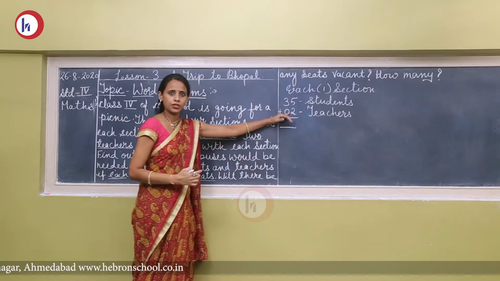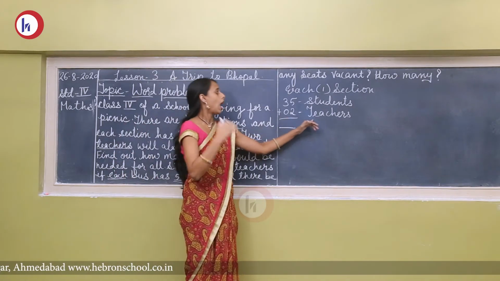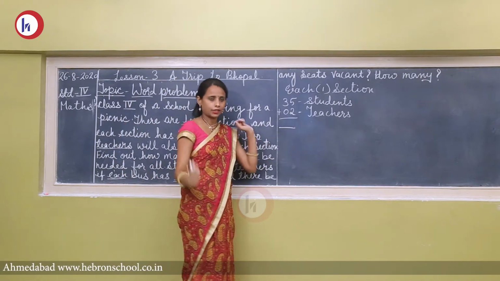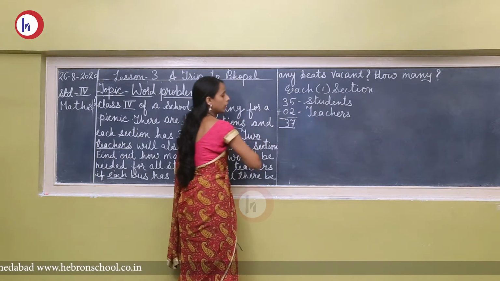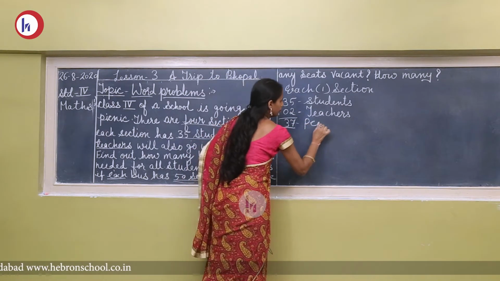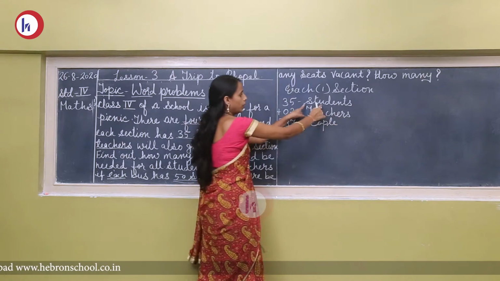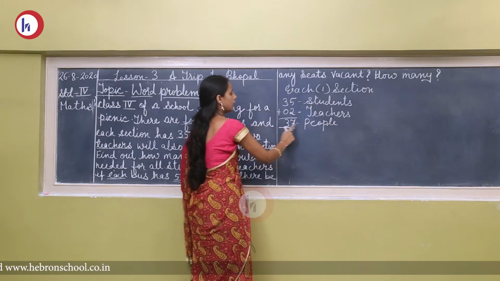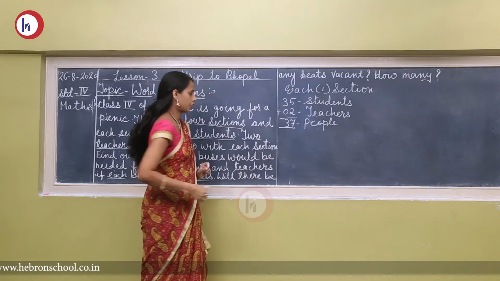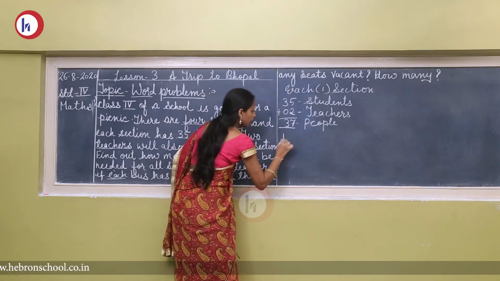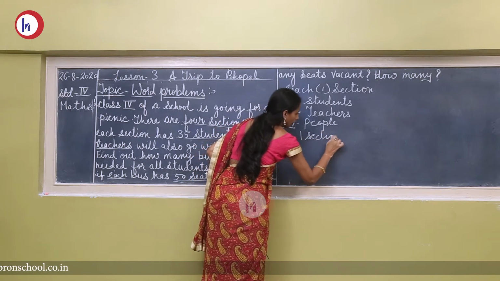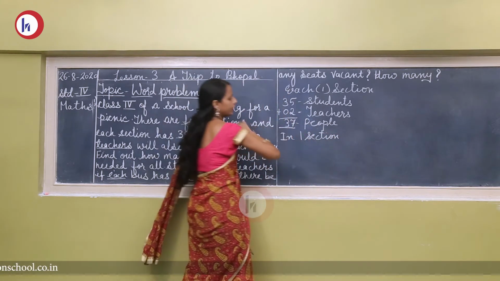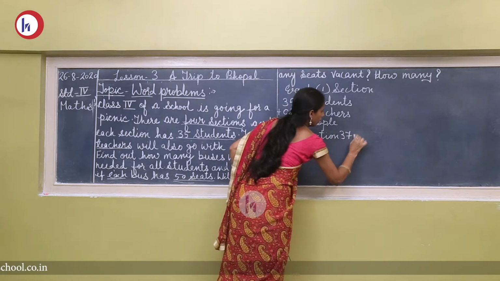When we do the addition, we will find out how many persons will go in each section. 5 plus 2 is 7, 3 plus 0 is 3. 37 people, that is students plus teachers. 37 people will go in each section. So in one section, 37 people.